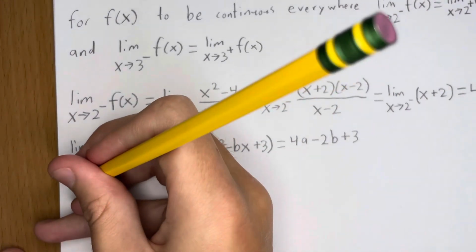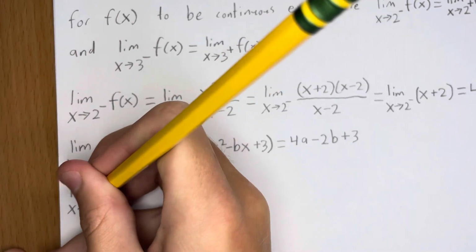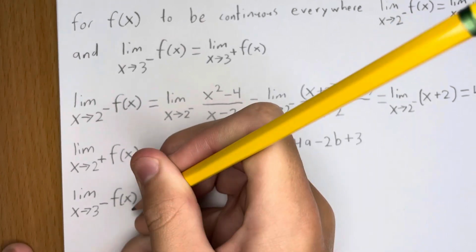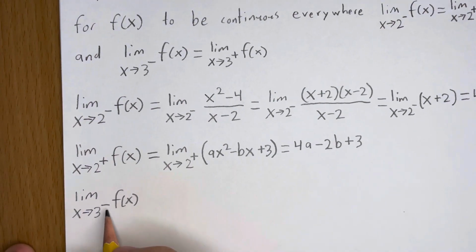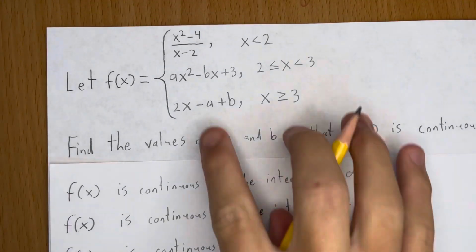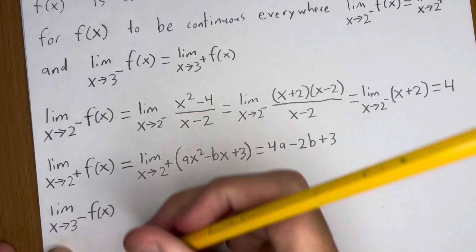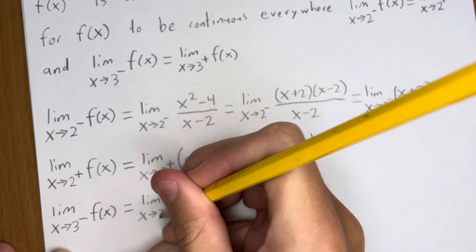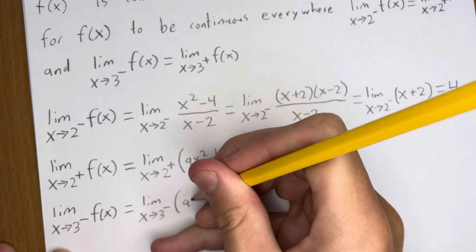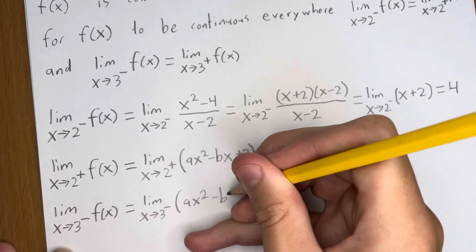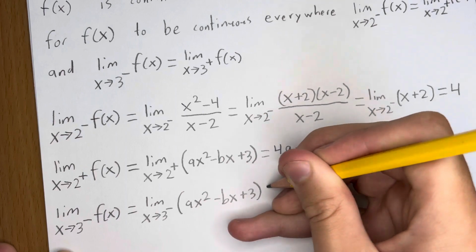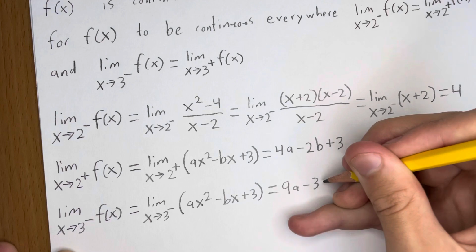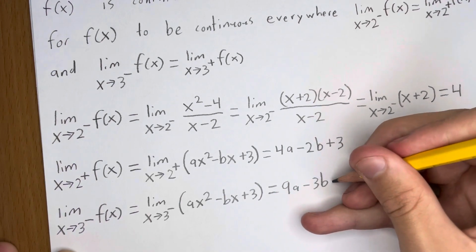Now we'll do our right and left limits at 3. At 3 from the negative side, we're going to be using this guy as well. So that's the limit as x goes to 3 minus of ax squared minus bx plus 3, which is equal to 9a minus 3b plus 3.